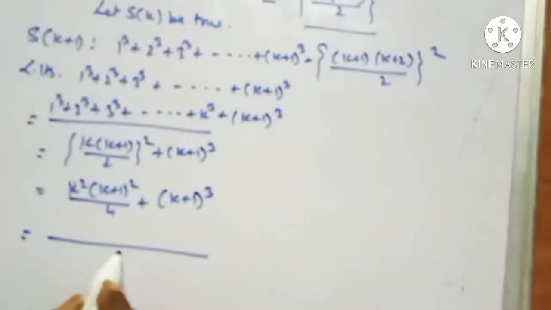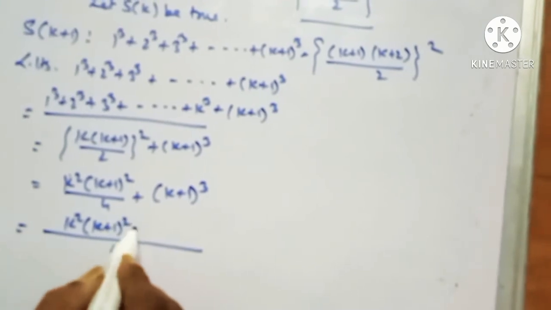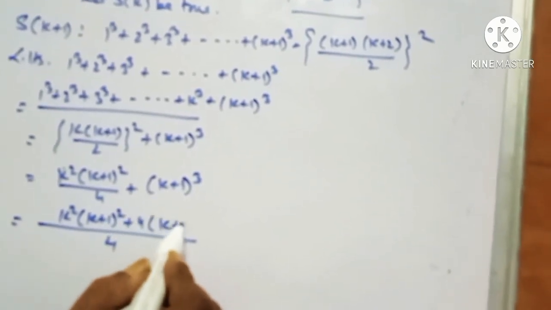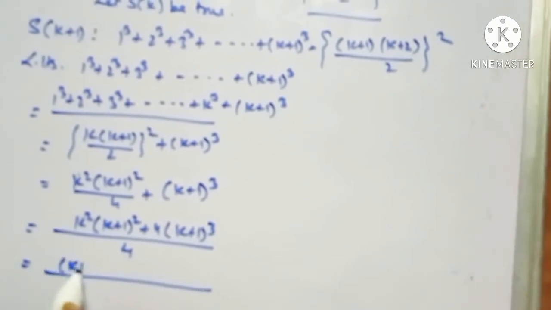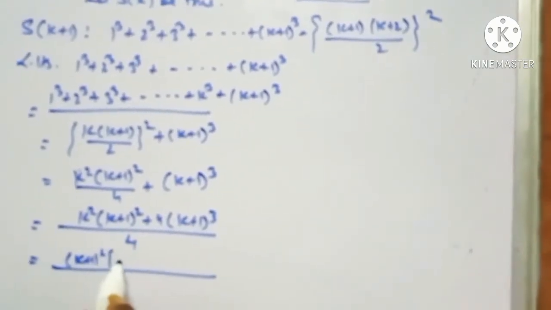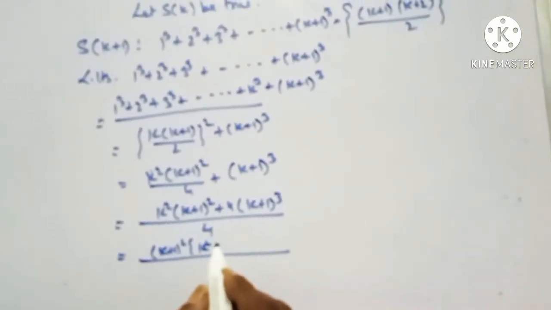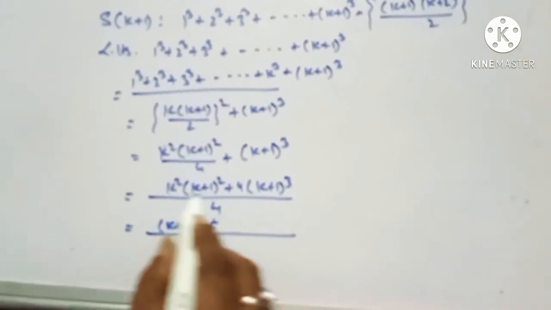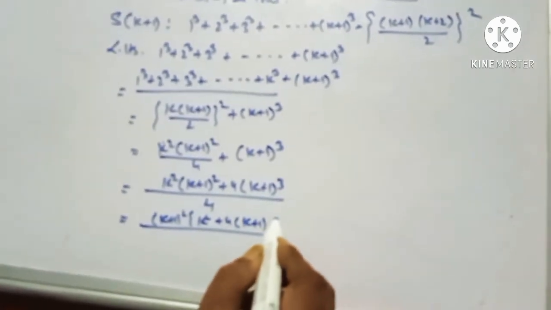Now I am going to take the LCM. k square (k plus 1) the whole square plus 4 (k plus 1) the whole cube. So this becomes (k plus 1) the whole square, bracket, k square plus 4 (k plus 1), bracket close.